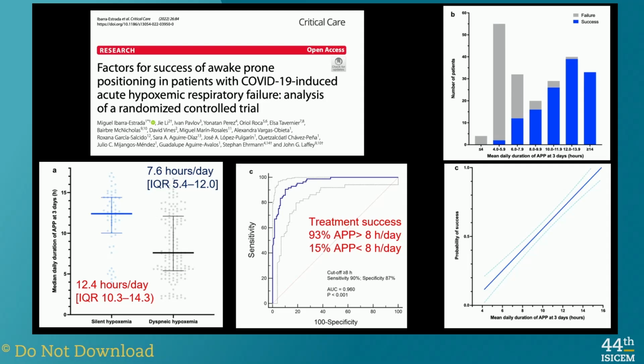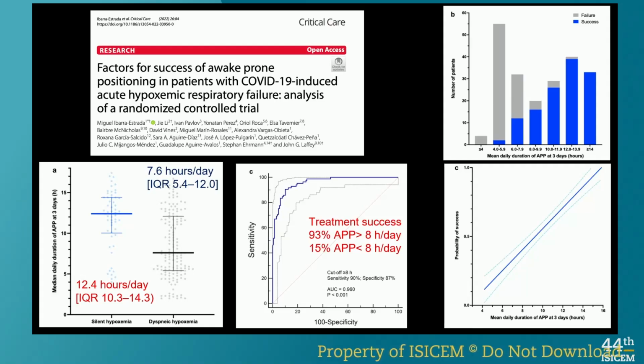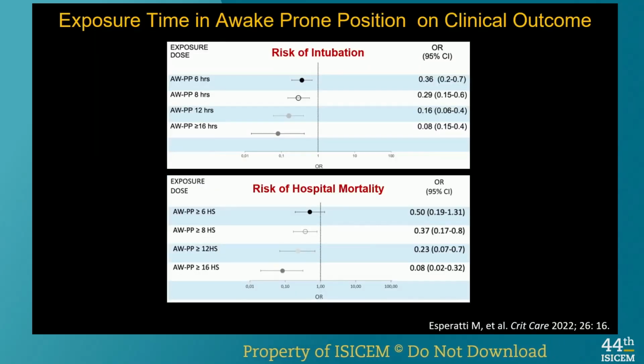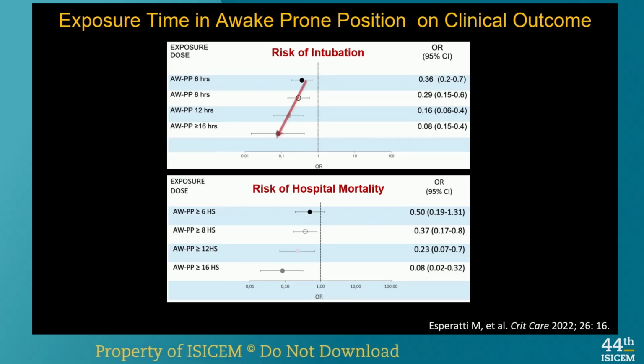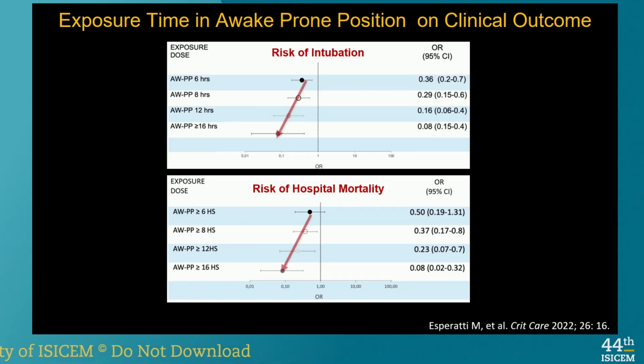But what you can see is that if a patient spent more than 8 hours a day, there was a 93% probability of treatment success versus 15% if they spent less than 8 hours. And clearly, the time spent in prone position correlated with greater success. And this is another study just to say that the longer patients spent in prone positioning, the lower the odds ratio of mortality or intubation.